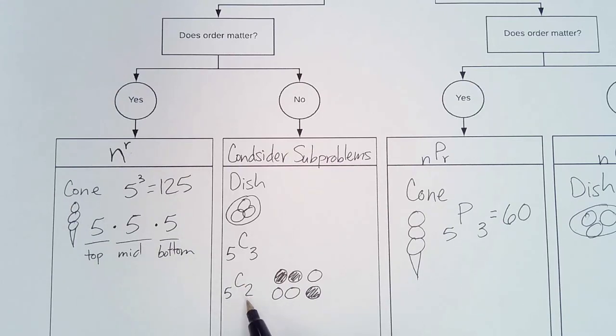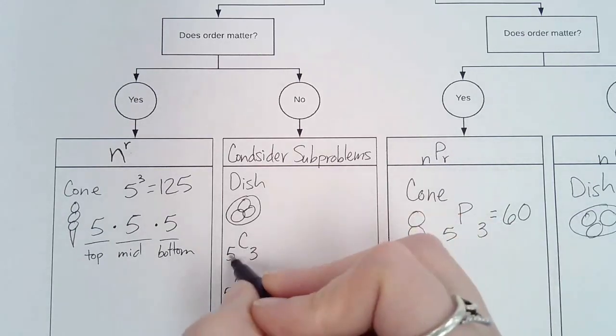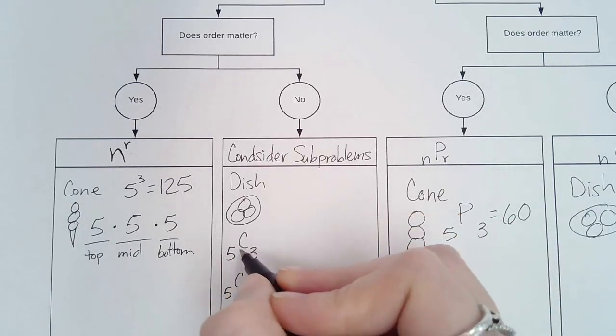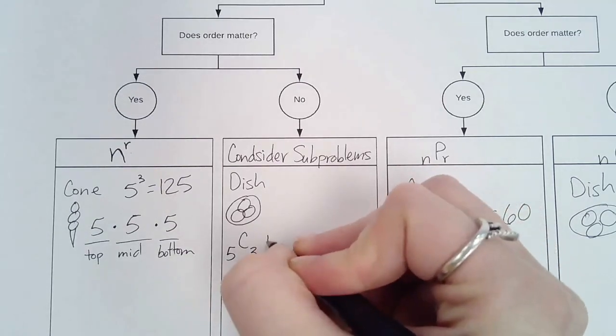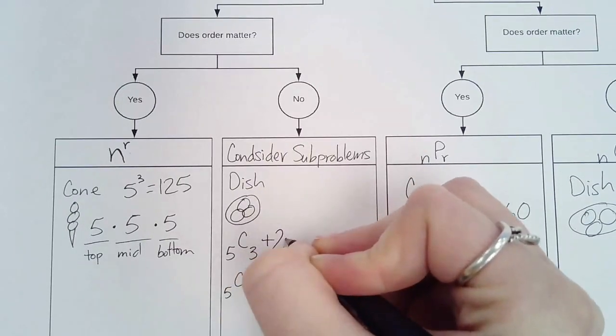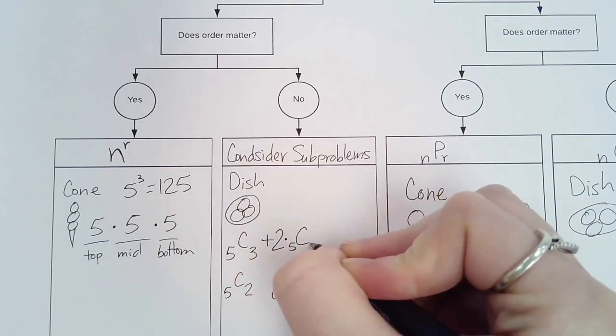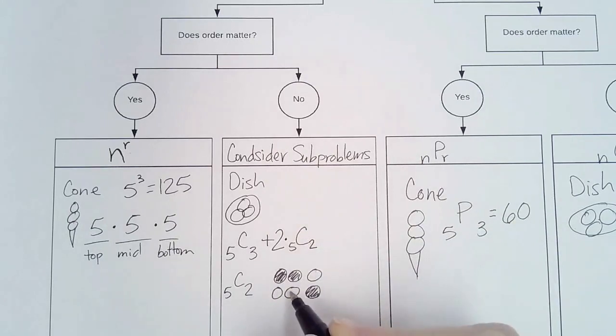And so we have to take that into consideration. We can do 2 and 1 one way, or 1 and 2 the other way. And so 5 choices of ice cream, we're going to pick 2 of those flavors. And so when we do that, there's 2 ways to do it once we've chosen the 2 flavors. And so we have to do 2 times 5, choose 2.